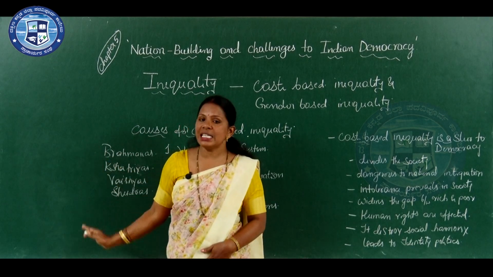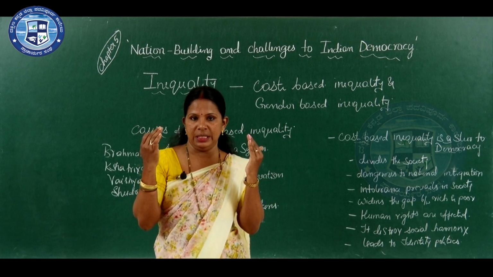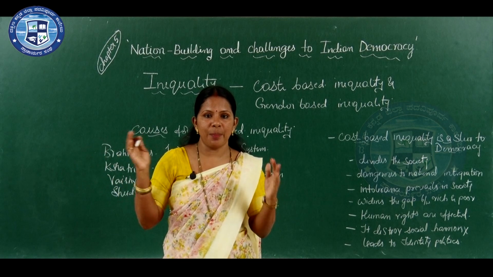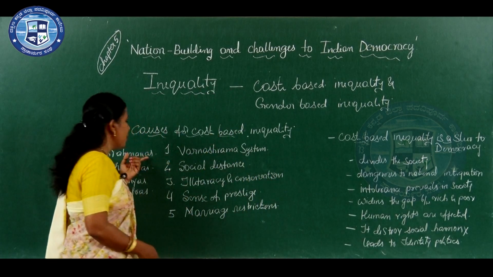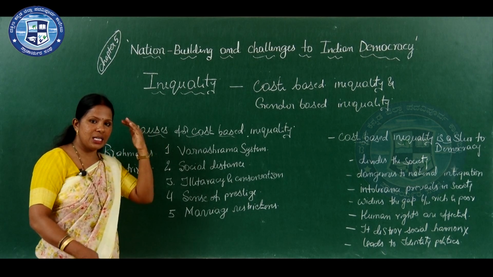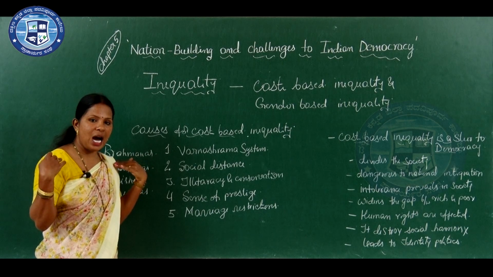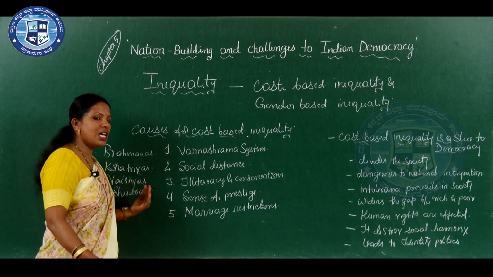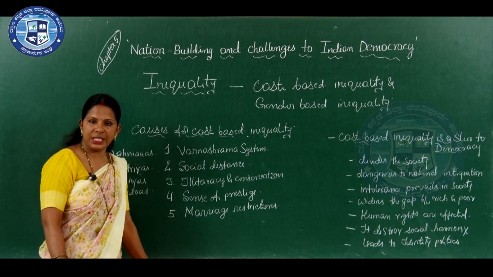This hierarchical caste system is compared to the human body. For example, the Brahmins are considered the mind, the Kshatriyas the arms, the Vaishyas the legs, and the Shudras the feet.